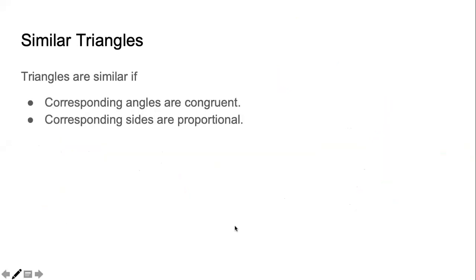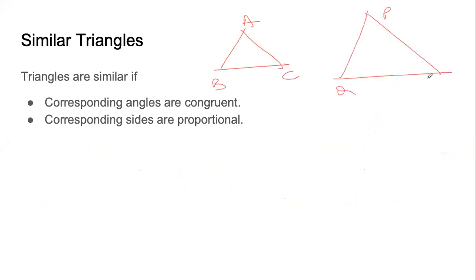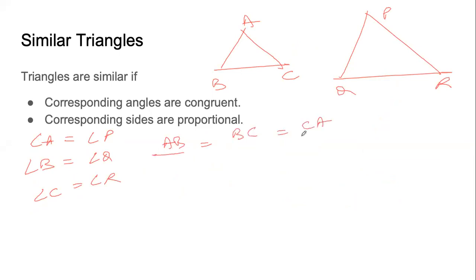So if I write it again on a clear screen, if we have two triangles ABC and a triangle PQR, angles congruent means angle A, angle B, angle C will be equal to or congruent to angle P, angle Q, angle R. Sides proportional means AB, BC, CA will be proportional to PQ, QR, RP.